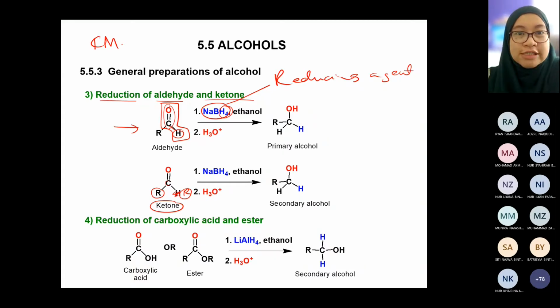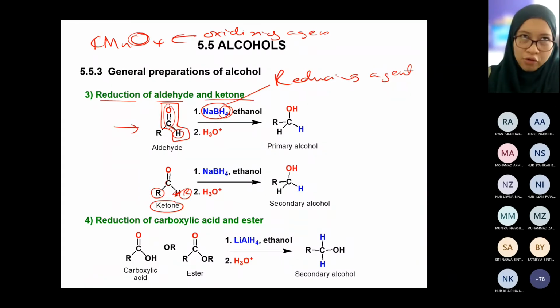This is what we call an oxidizing agent, because it has 4 oxygen atoms and can supply them. Same goes for sodium borohydride. This is a very strong reducing agent, meaning it can reduce this molecule into alcohol.